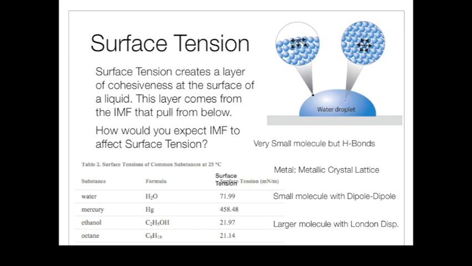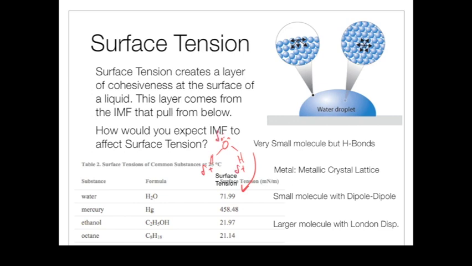Let's first start with water. Water is a very small molecule but has hydrogen bonding, and it has a fairly high surface tension. We call it 72. It's because it can hydrogen bond, not once, but twice. Think oxygen is in the middle and it's got two hydrogens. Each one of those hydrogens has a partial positive charge, and there's a partial negative charge.